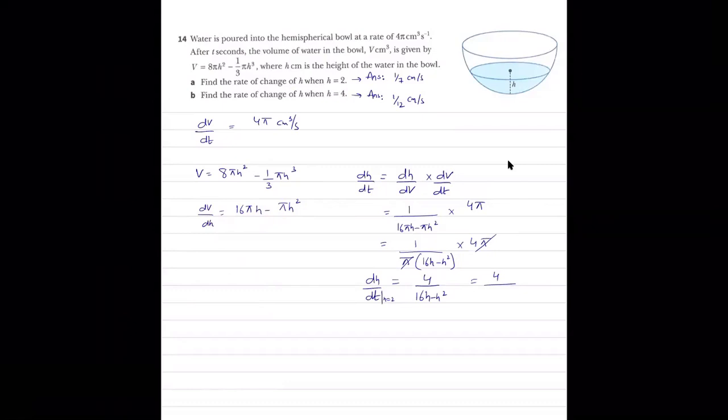Okay, I get your question now. The answer to this is that you don't have h in terms of v. I mean, h is not made the subject over here. Volume is made the subject and volume is expressed as a function of h.